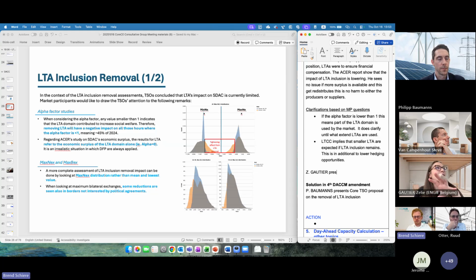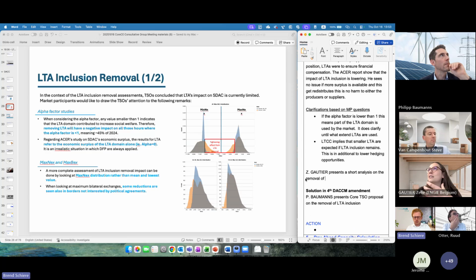Just to give a bit of context, I'm not going to present it necessarily. I will leave it to experts as well. We've been discussing on the side of market participants the LTA inclusion removal, which is something that we may have different views on, on how it may be working, or maybe the rationale behind it as well.